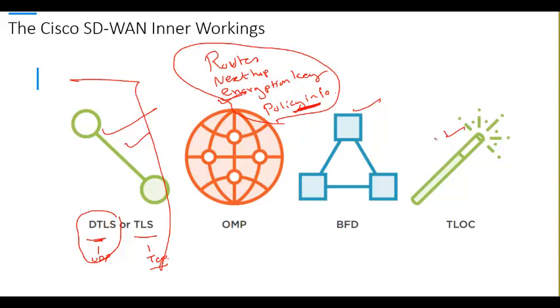Also, if we log into vSmart, can we see these things in OMP? Something like show IP route would give you that. But again, it is encrypted. It uses TLS, and it goes inside the TLS. But locally it should have been maintained, right?